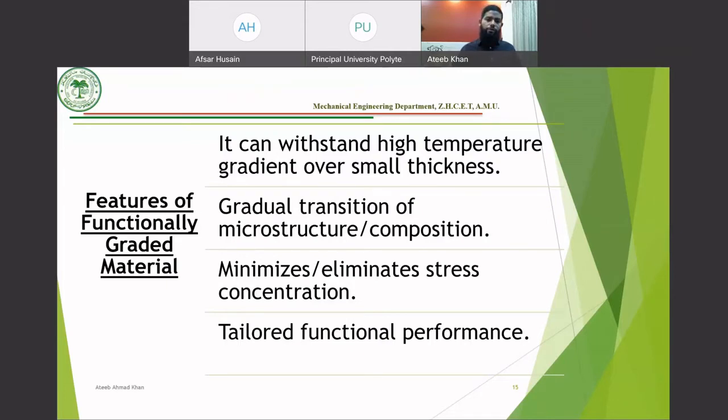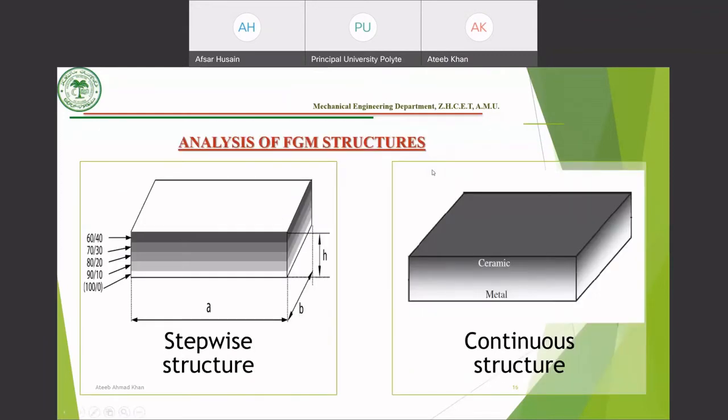So these are a few of the features listed in this table. So this was the why and what of functionally graded material: why we use it, and what it is. Now let's see what the areas of application of functionally graded material are.